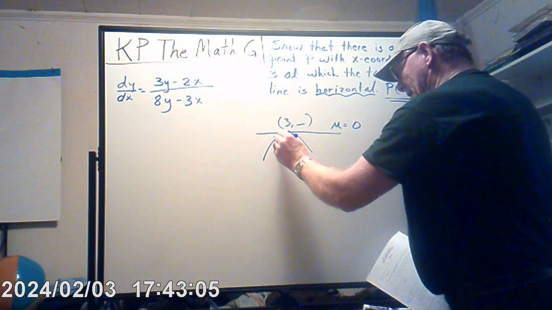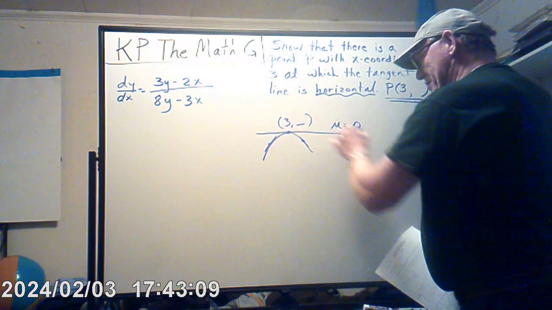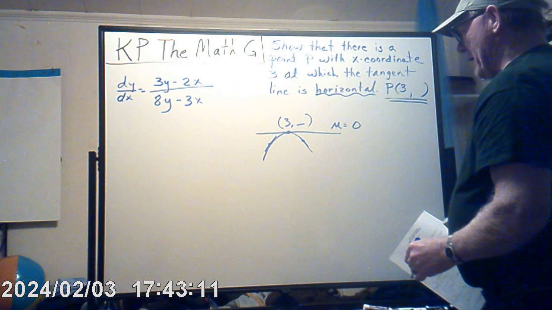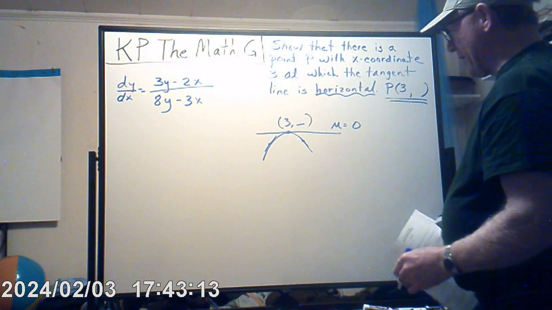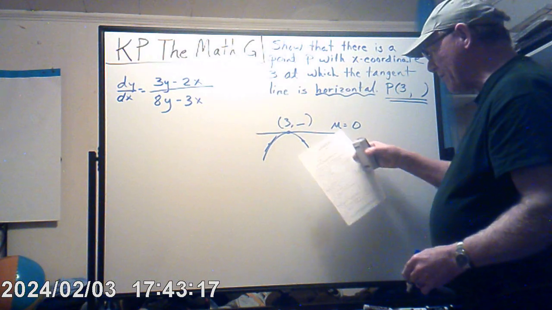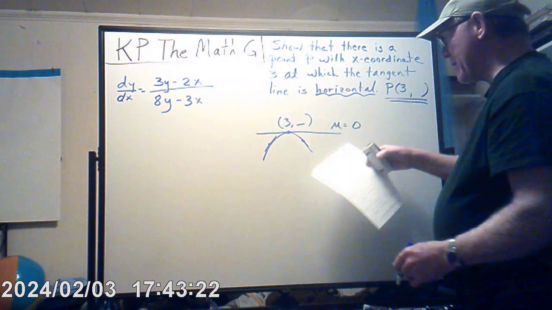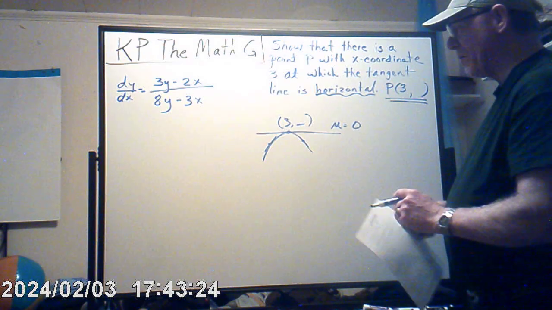Now there are many slopes, but we want the one where the slope is equal to 0. So let's do that. They could have said equal to 1 for all we cared, but we want the one where the slope is equal to 0. And if it's horizontal, the slope is equal to 0. That's the point.